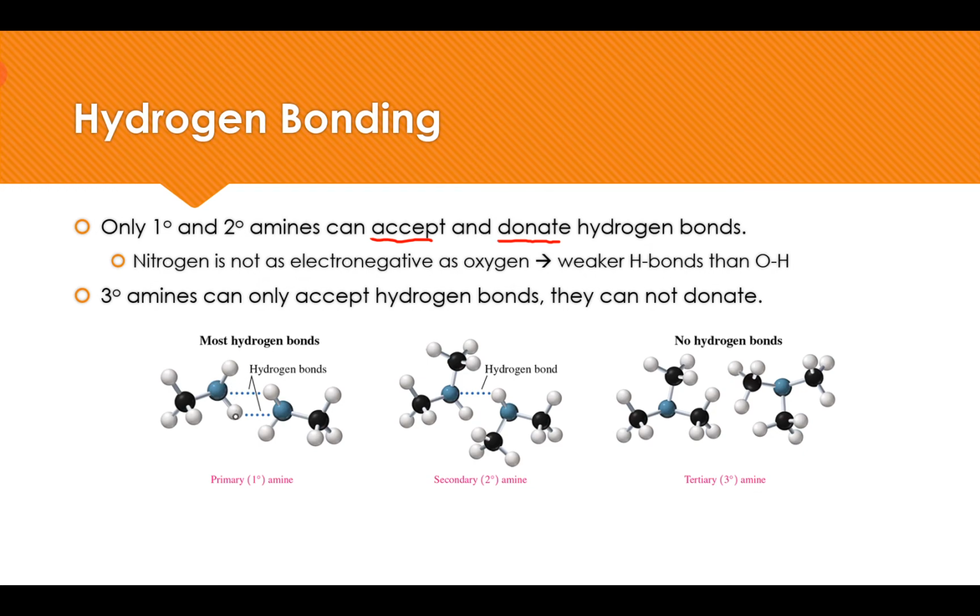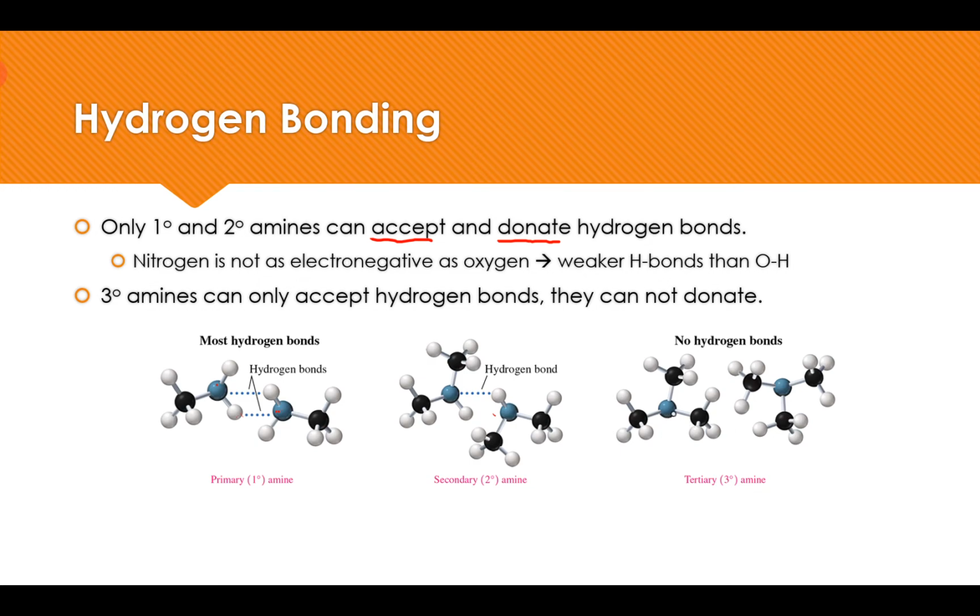And so we have our donor hydrogens attached to the nitrogens, and we have lone pairs on the nitrogen. And so when we have our primary amines, they can line up and form hydrogen bonds, and same with our secondary amines. Our tertiary amines lack the ability to donate hydrogen bonds, and so they cannot hydrogen bond to other tertiary amine molecules.